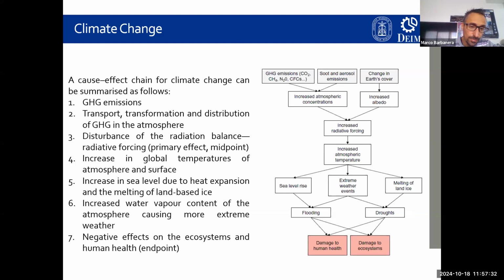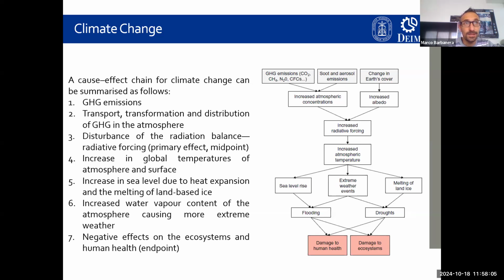Then we have the disturbance of the radiation balance. What is the meaning of the disturbance of the radiation balance? The meaning is that by this increase of concentration of greenhouse gases in the atmosphere, we have, as said previously, a disturbance in the energy balance, no?